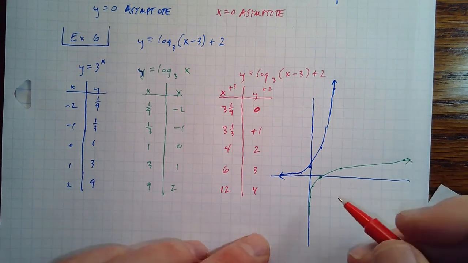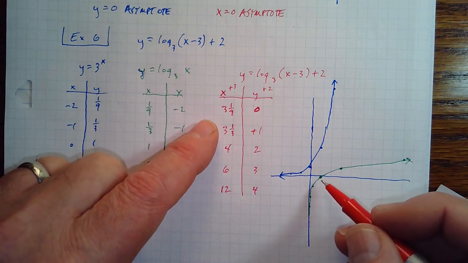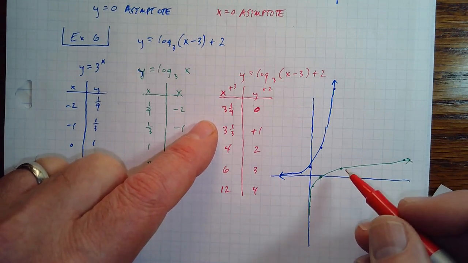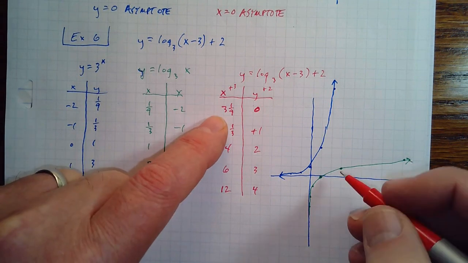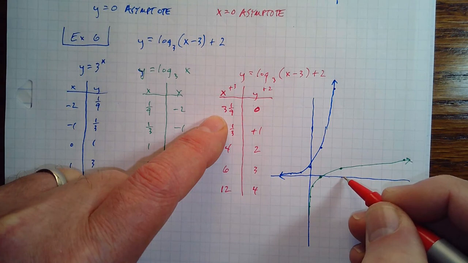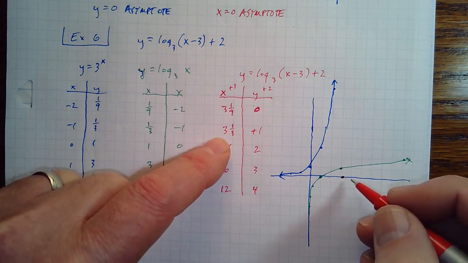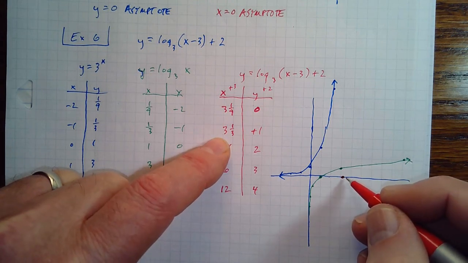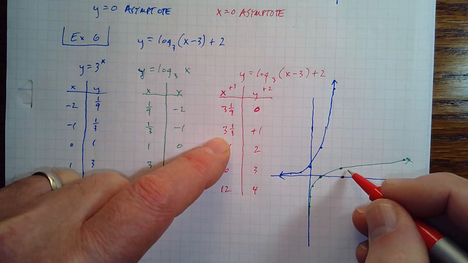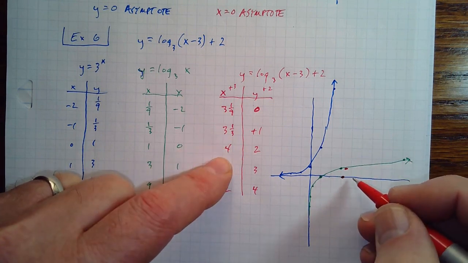And now the slide, notice that we're going to get these points slid over 3 and up 2. So if I start with this first one here, 3 and 1/9, 1, 2, 3 and a 9th, that gives me 0. So there's the x-intercept. Then 3 and a 1/3, just a little bit further, gives me a 1. Maybe about there. 4 gives me a 2.